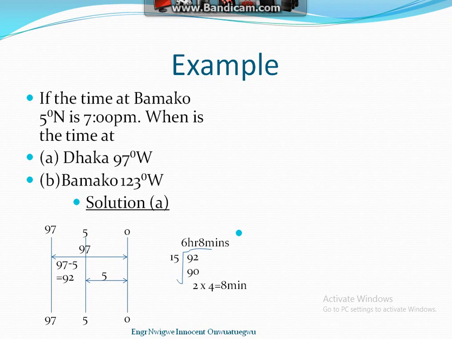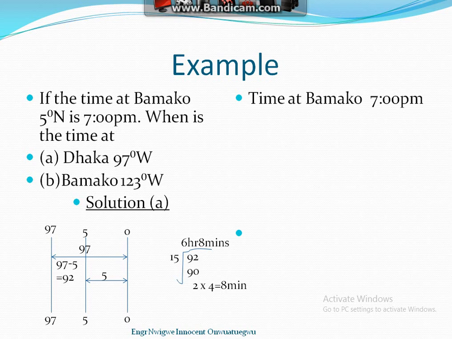So the remaining 2, we times it by 4 minutes to give us 8 minutes. So we now have 6 hours, 8 minutes. The original time at Bamako is 7 p.m.